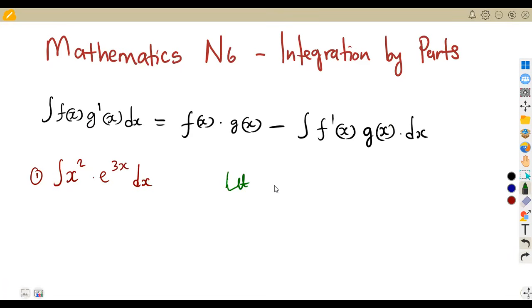So I'm going to let my f of x be equal to the algebraic term, which is x squared.